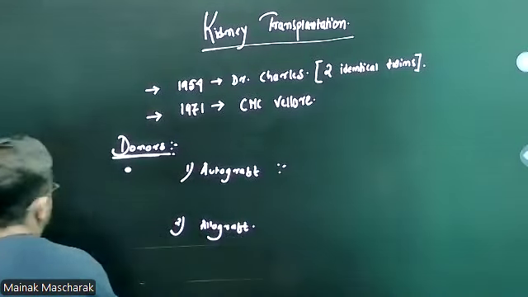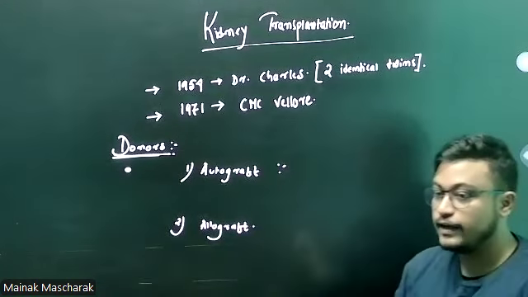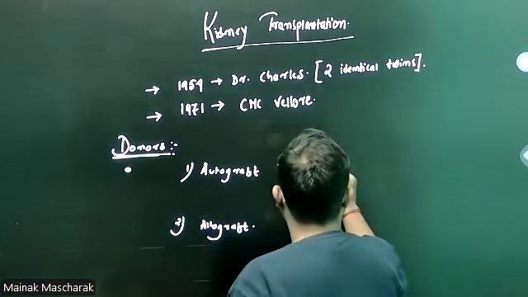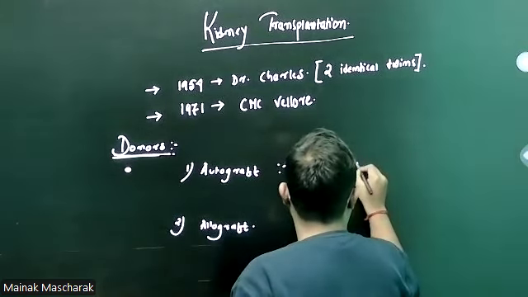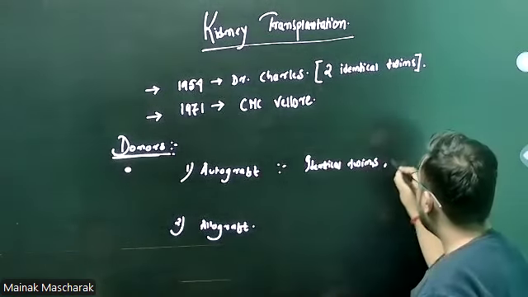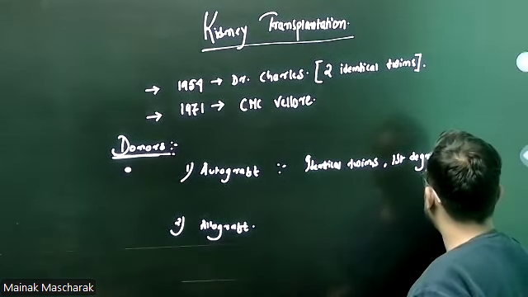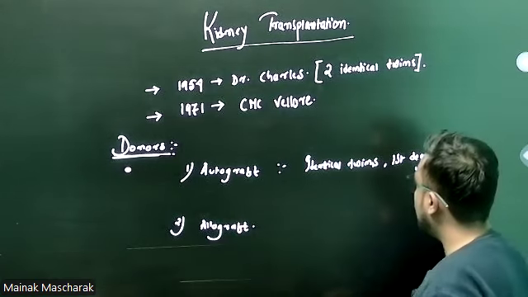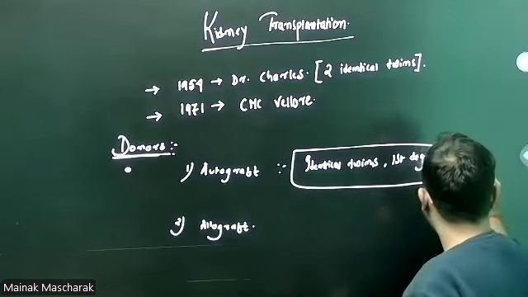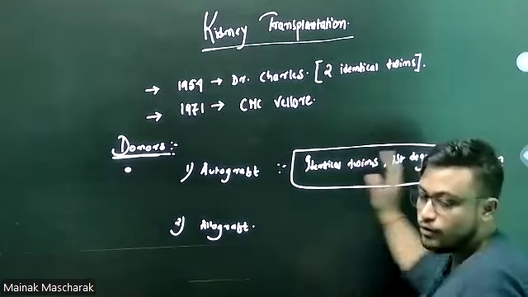Autograft means whenever the graft, meaning the kidney, is taken from an identical twin or a first degree relative, or any person with certain matching, then you'll call it autograft.